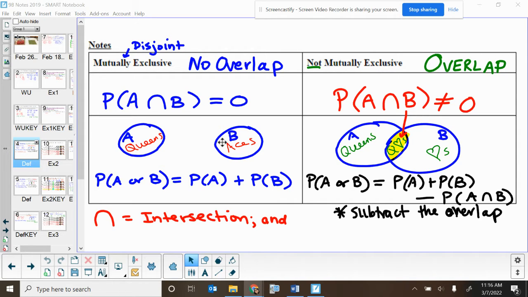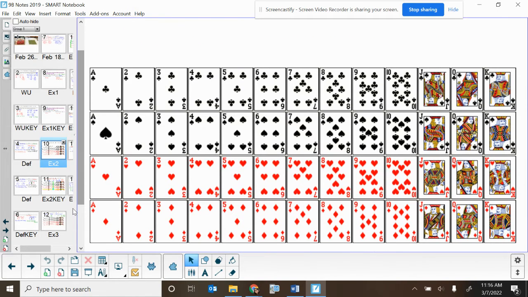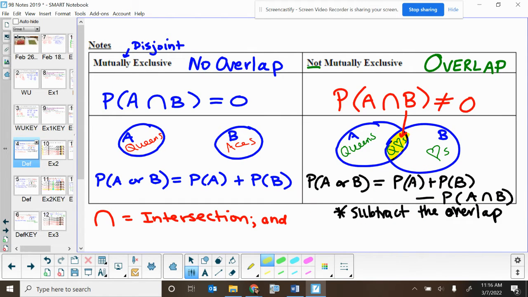So, for example, whether a card is a queen or an ace, if we look at our diagram of cards, we've got the queens over here and the aces over here. They do not overlap. You cannot have a card that is a queen and an ace at the same time. So those are mutually exclusive.